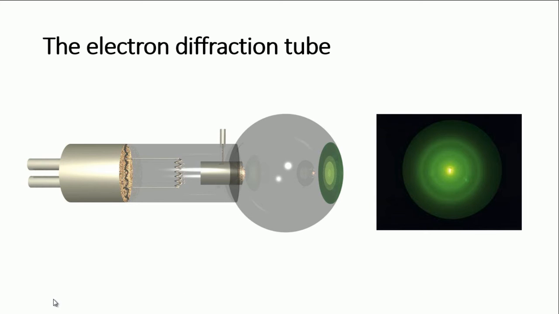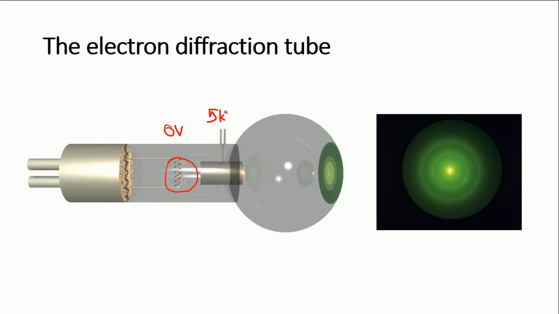This is the piece of apparatus that's typically used to reveal the wave nature of the electrons. It's called an electron diffraction tube. Let me talk you through this piece of apparatus. Left to right, let's start over here. Here we have a filament, and it's heated by a current, and it's also a cathode. So it's at a low voltage with respect to this piece of the equipment over here, which is the anode.